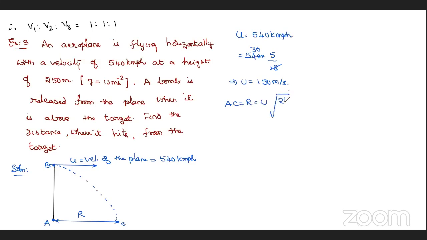If you understand the question, it will be very easy. So 150 into root of 2 into 250 by 10. Taking 5 out, 25, under root 25 is 5. 150 times 5 is 750. So 750 root 2 meters. This is the distance where it hits from the target A.